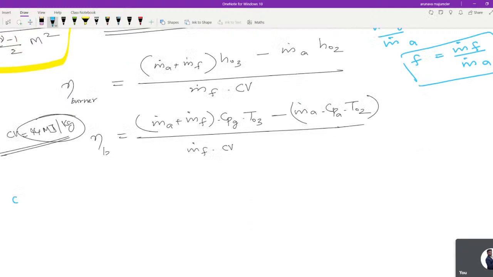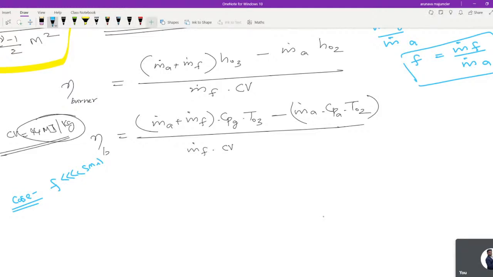Now there is another case study. There are some problems where they say that the fuel ratio is very small. In those cases, the mass flow rate of fuel relative to air is almost zero, which means the gas and air mass flow rates are going to be the same.